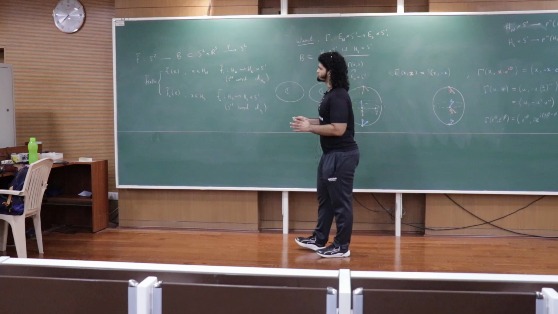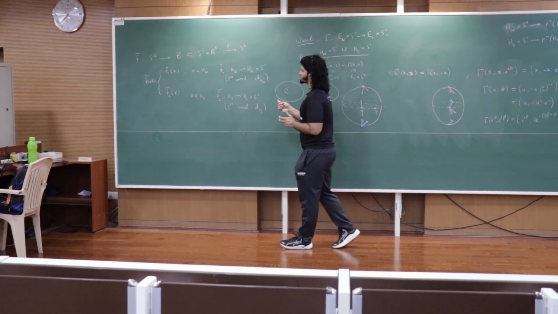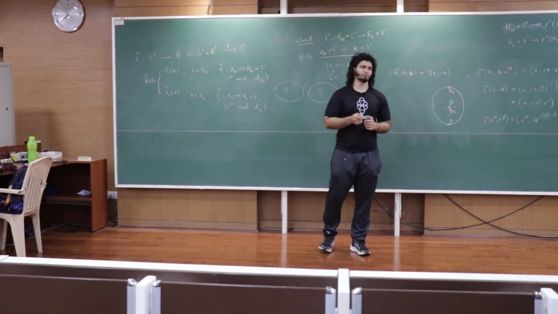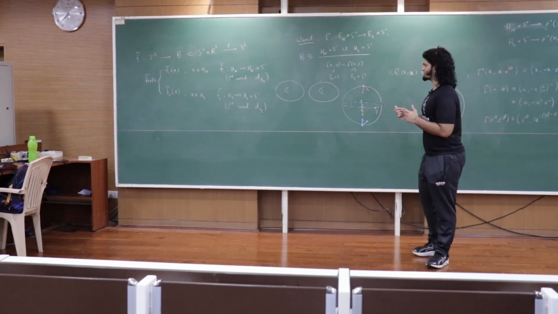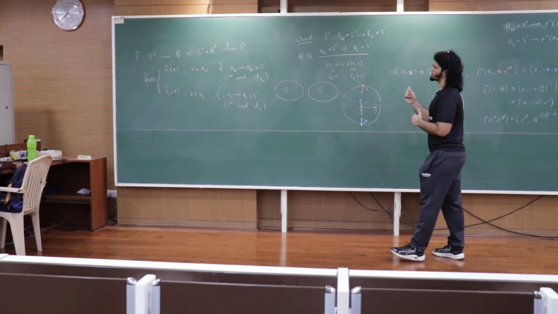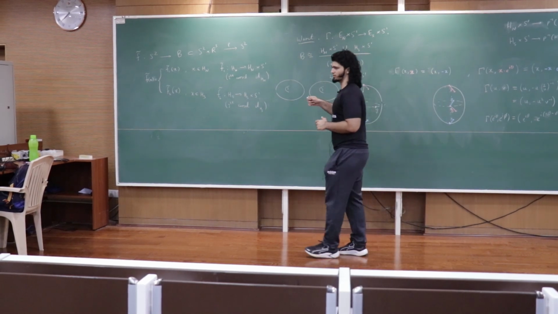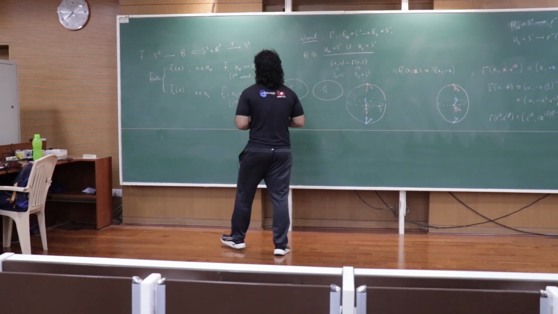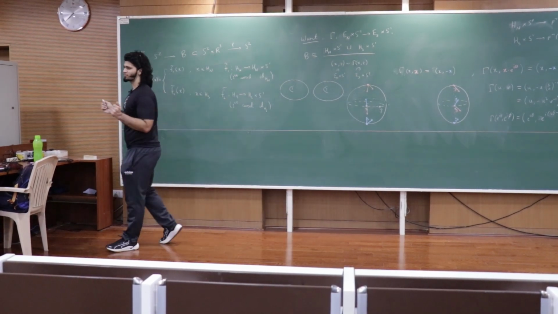But of course the domains of definition of f1 and f2 intersect, right? If I want them to agree and define a proper function on all of S2, they should agree on the equator. So what would agreement on the equator look like? Any guesses?